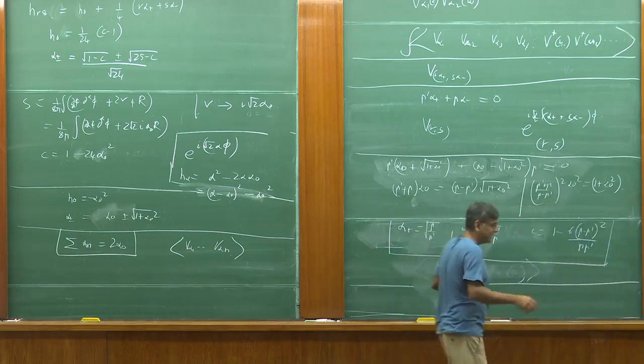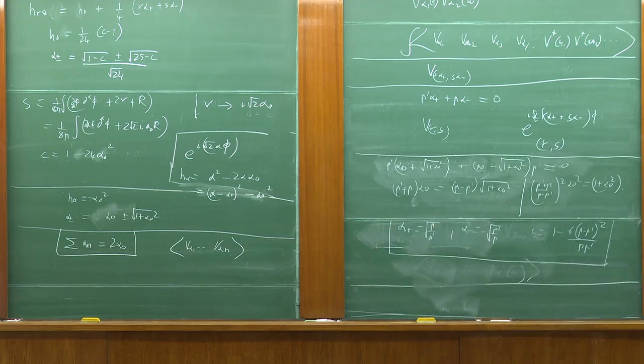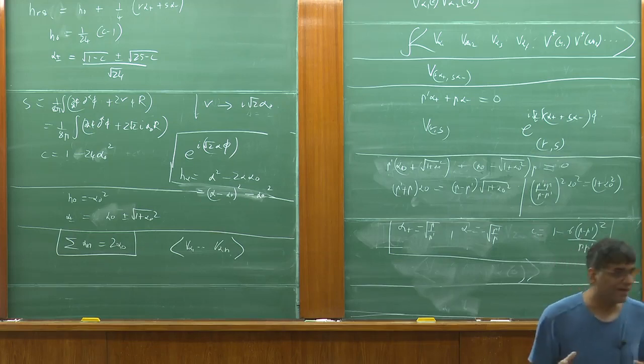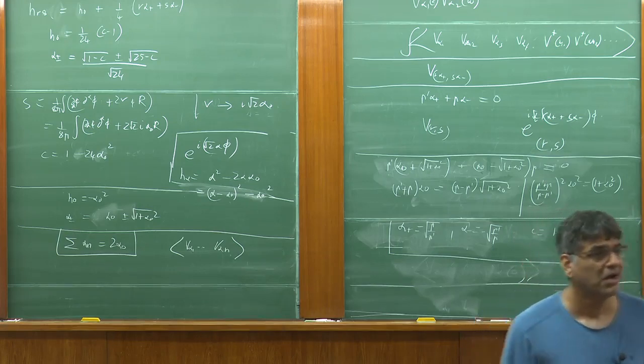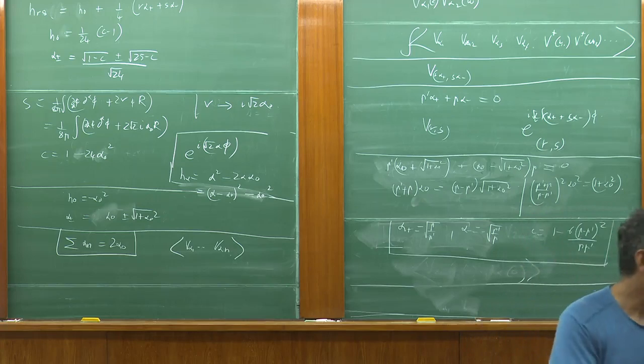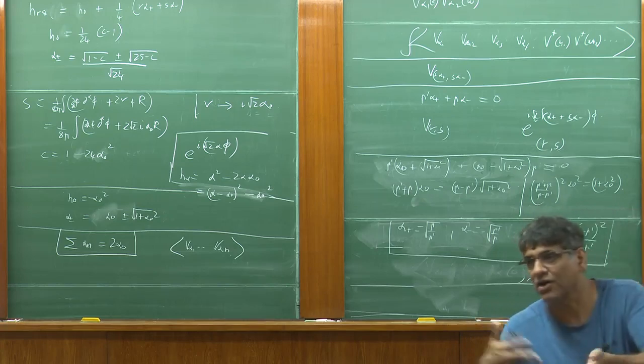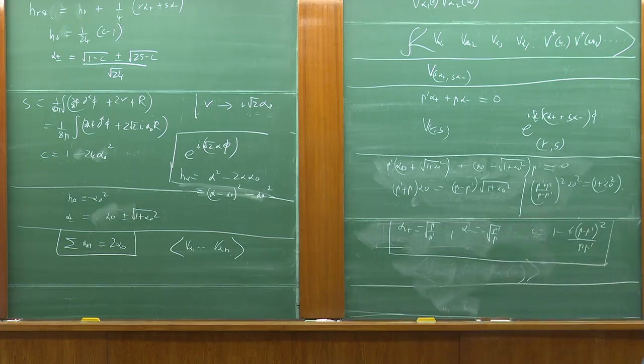Okay, now the claim is that with this formalism, if we now evaluate the correlation functions that you are interested in, you will recover all the conformal blocks of the corresponding minimal models.